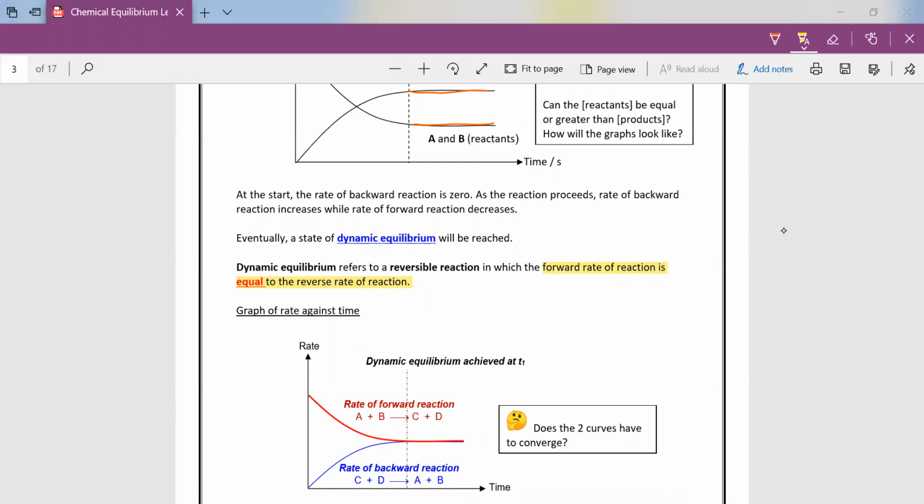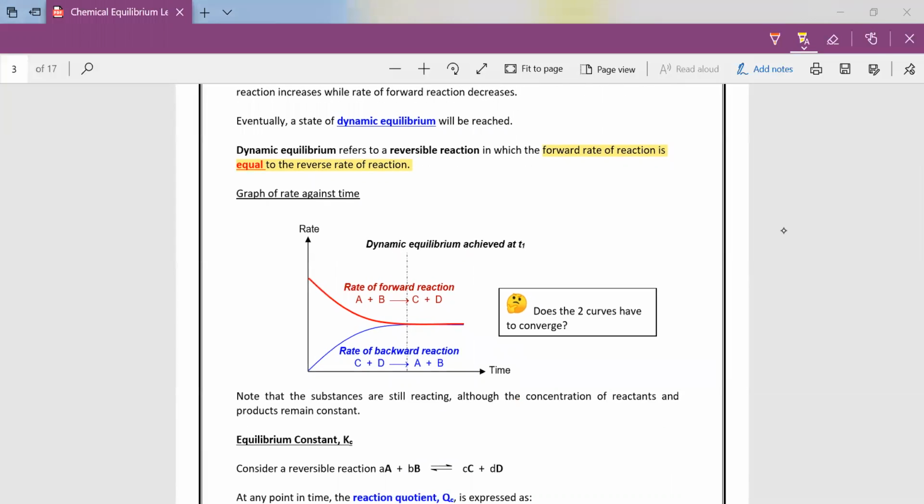You can see that the two graphs start to converge, and when they are joined into one line, we say that dynamic equilibrium has been achieved.